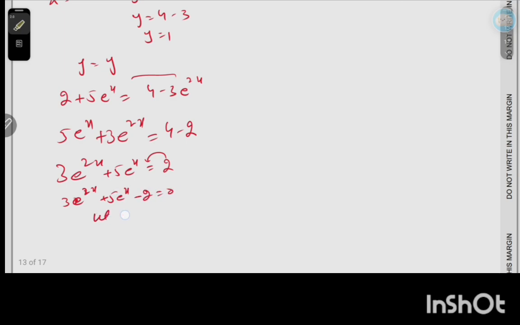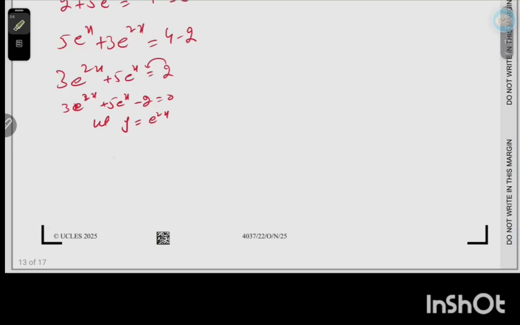Let y equal e power x. So 3y square plus 5y minus 2 equals 0. We have to solve this one. 3y square plus 6y minus y minus 2 equals 0, breaking the middle term.